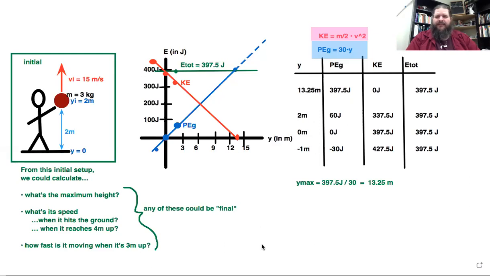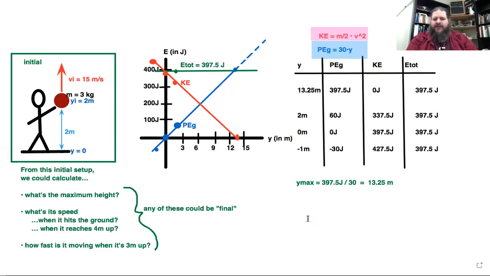What do they have to add up to? Yeah, they've got to add up to total energy, and total energy is constant. So we know that potential energy plus kinetic energy equals a constant. And potential energy is a function of height. Let's write that as potential energy of y, because it is a function.